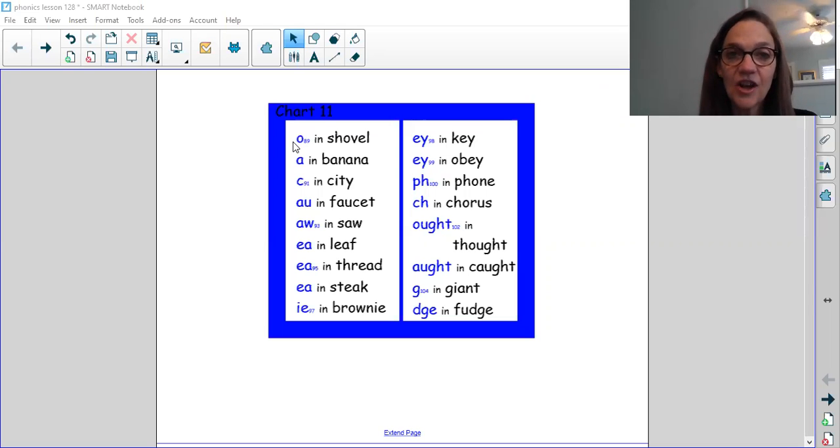A in shovel, O. A in banana, A. S in city, C. A in faucet, A-U. A in saw, A-W. E in leaf, E-A. E in thread, E-A.